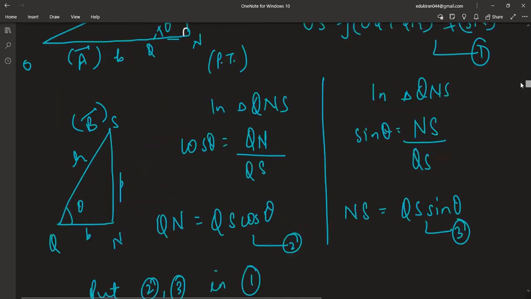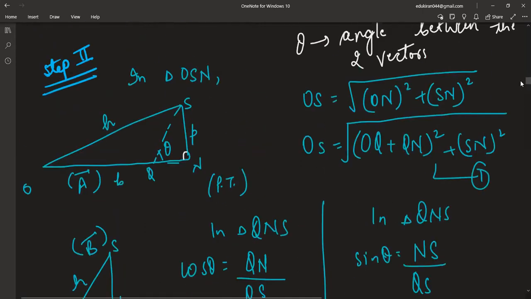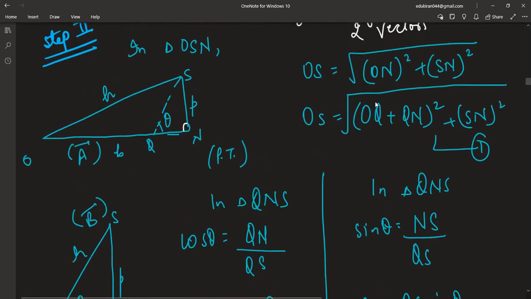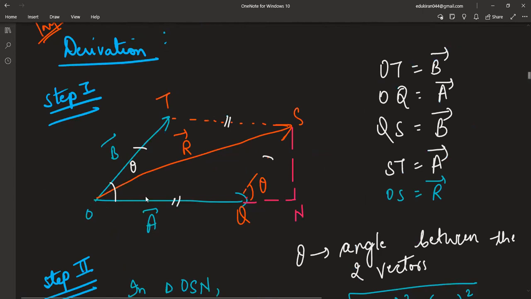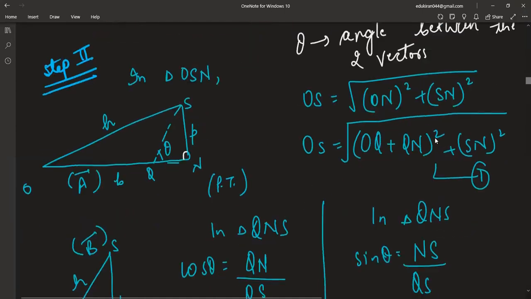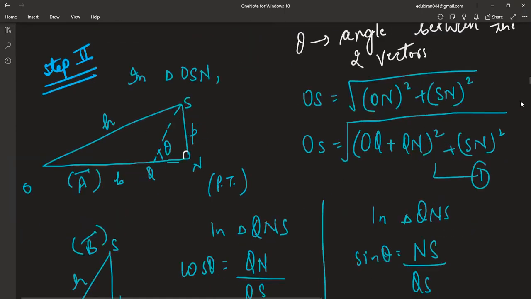So that's what I have written as the resultant. Now OQ, what is OQ? Look, OQ is the vector A. So I'll write this as A plus QN, OQ plus QN.